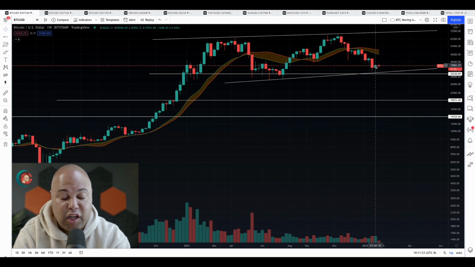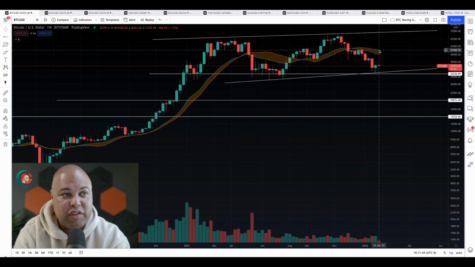Now, if you took the close of each of the previous 20 candles that have closed, and you simply add all of those numbers up and then divide by 20, you would get the average close price of the last 20 candles. That number is the SMA, the 20-week SMA.